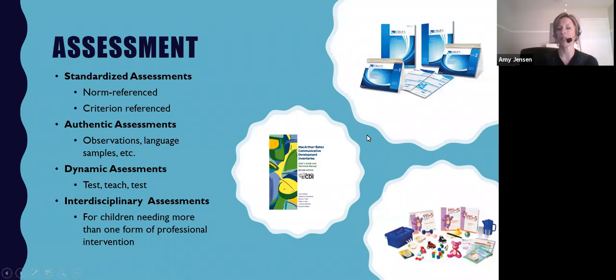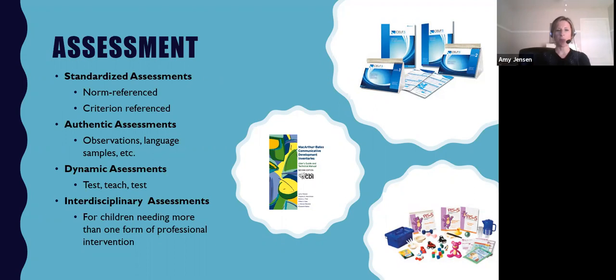Okay, so assessment and intervention. Once we suspect a language disorder, we move into assessment, and that can happen any number of different ways. So we may use standardized assessments. These can be norm referenced or criterion referenced. Norm referenced are where we take a large sample of a similar population to the child that we're hoping to evaluate.